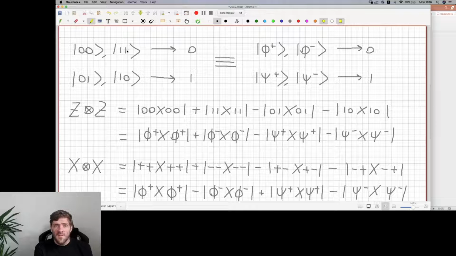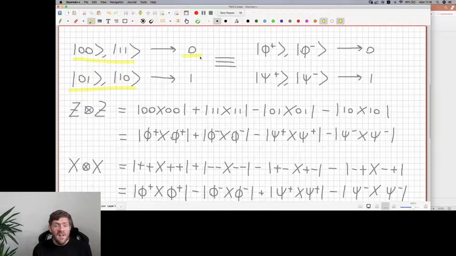Now, the parity measurement we looked at last time was aiming to distinguish between the subspace spanned by the two even parity states and the subspace spanned by the two odd parity states. So this means that if we had 0,0 or 1,1 or any superposition of those, then the parity measurement gives us the outcome 0.